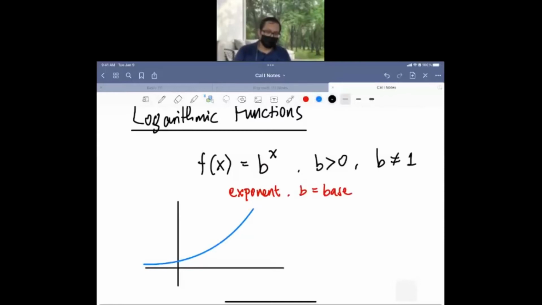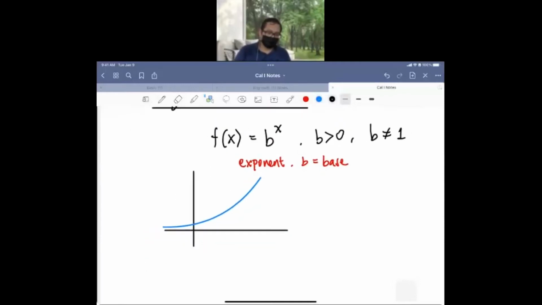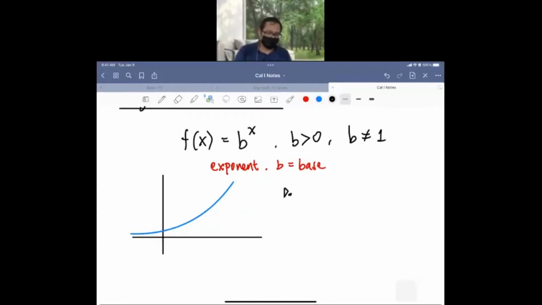Now, the definition for the logarithmic. Before the definition, maybe we can just take a look at this exponent.